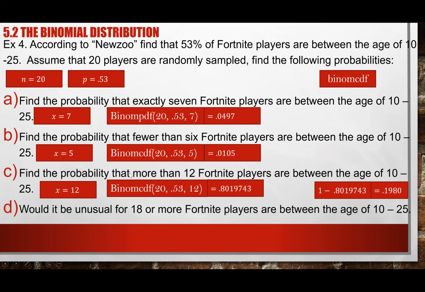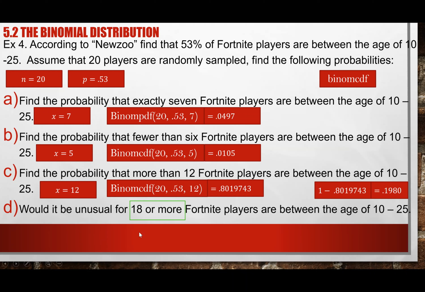But again, reminder, because of this item, 18 or more is the same as more than or equal to 18, right? Meaning we have to include the 18. If you go back to the flow chart later on, when you see more than or equal to, or 18 or more, the X will be 1 less.